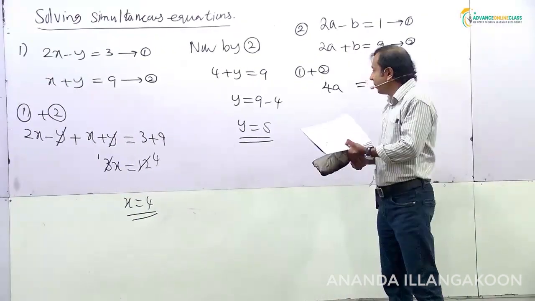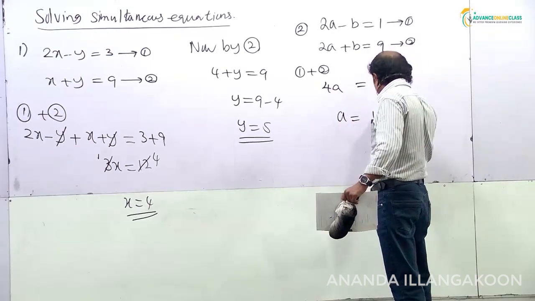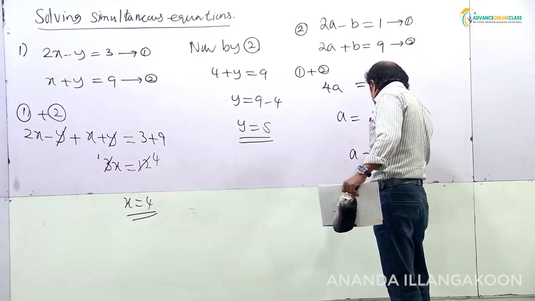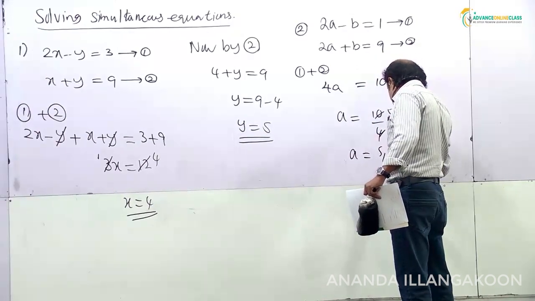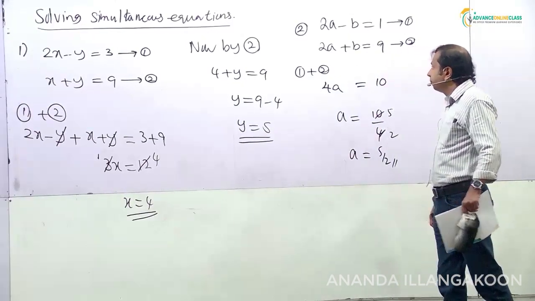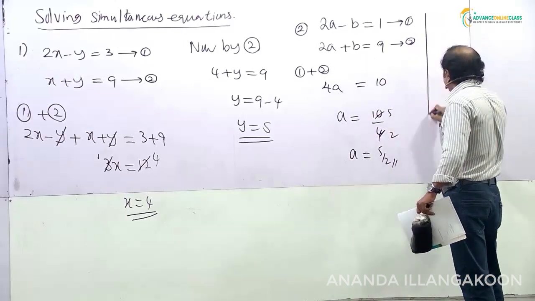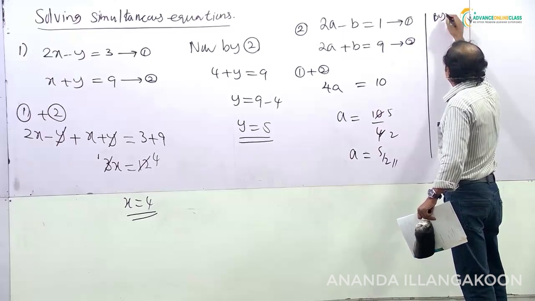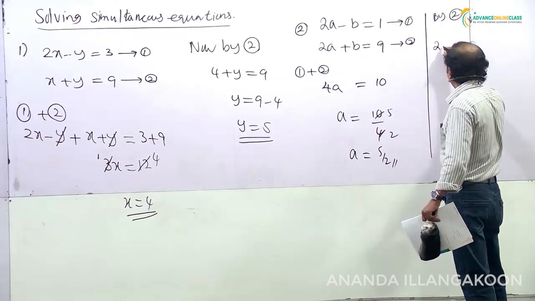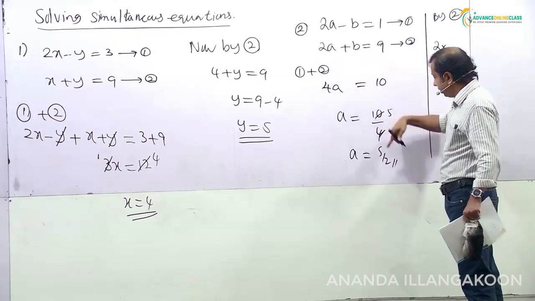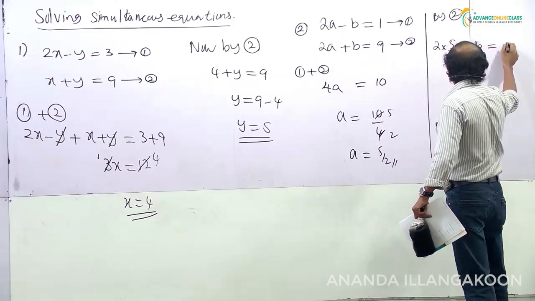Right. Now people, here we can take A as the subject. How to bring this 4 here: 10 over 4. A equals, cancel down this 5 and here 2. Right. A equals 5 by 2, people. Now I take this number 2 by 2 and substitute for this A. 2A means 2 into A. A is 5 by 2, plus B equals 9.